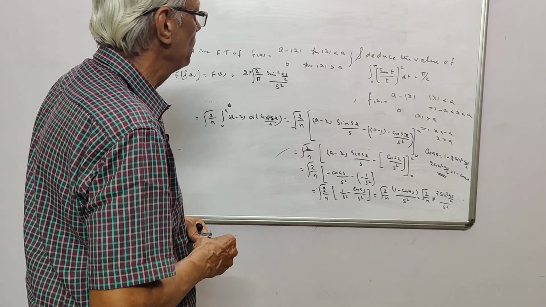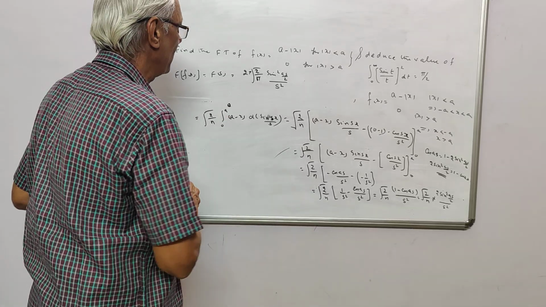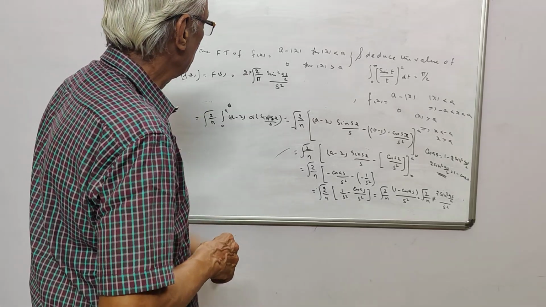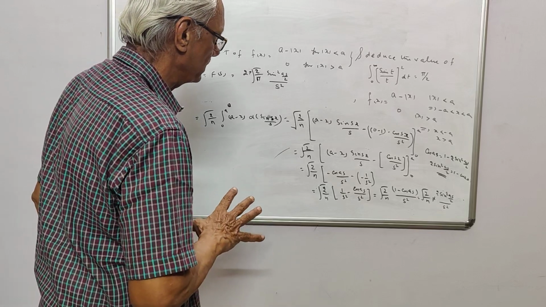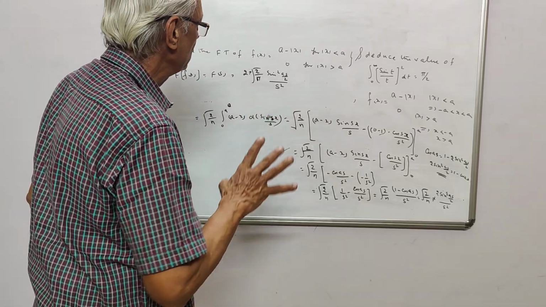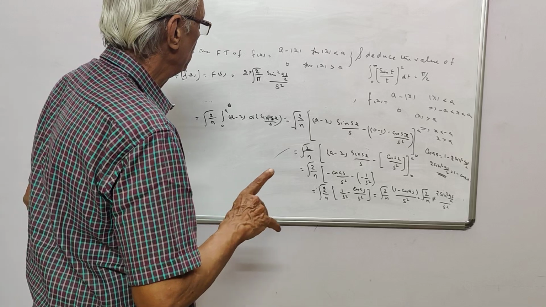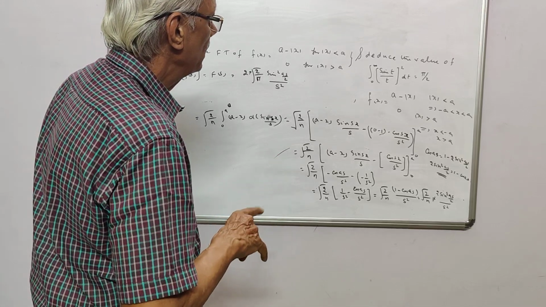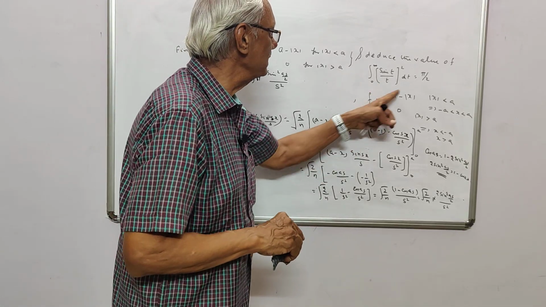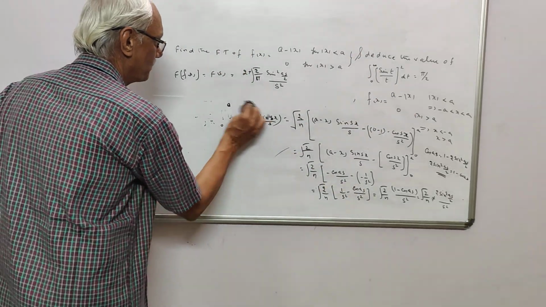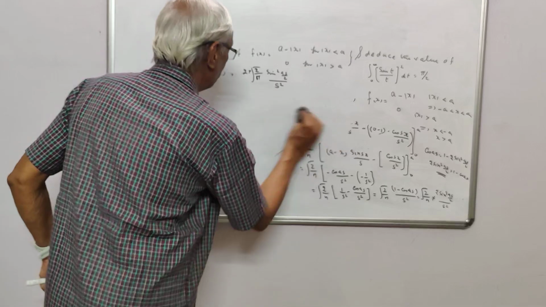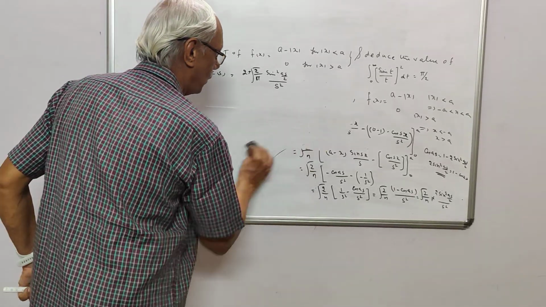Now what is it that we want? This is my Fourier transform, and now we have to prove this result. Let us start proving this. Now therefore this f of s has been got.